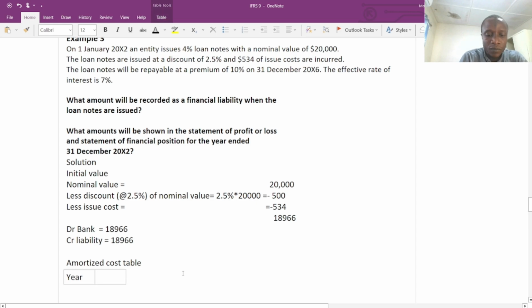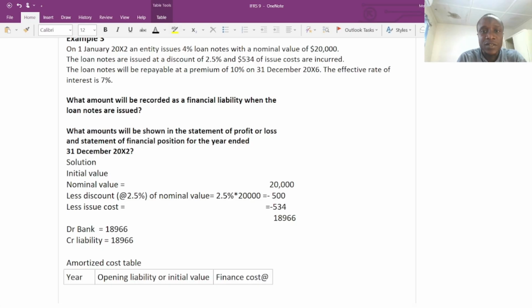Here we have the opening liability or initial value, the finance cost at the effective interest rate of 7% given in the question, the interest paid at 4% given in the question, and the closing liability.